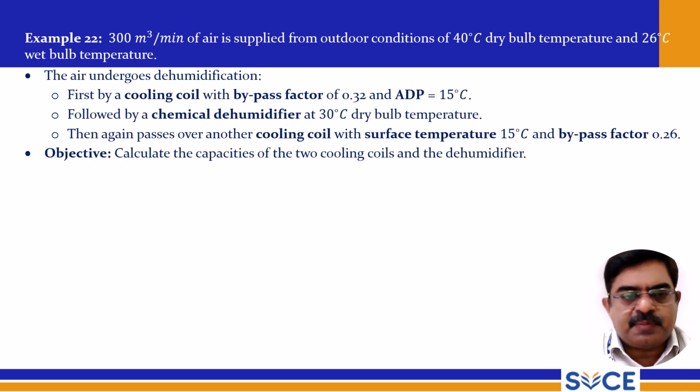So next problem: 300 meter cube per minute of air is supplied from outdoor conditions of 40 degrees Celsius dry bulb temperature and 26 degrees Celsius wet bulb temperature.